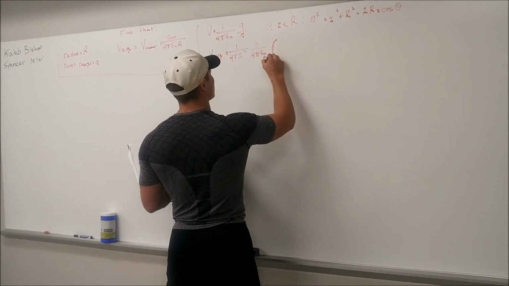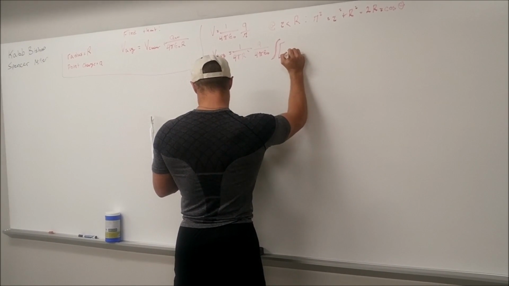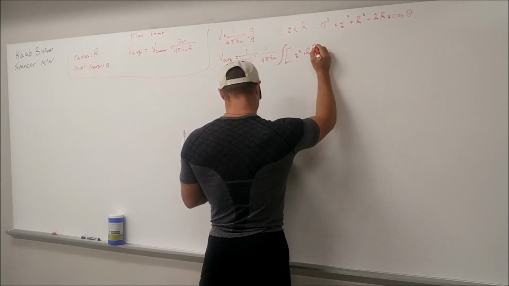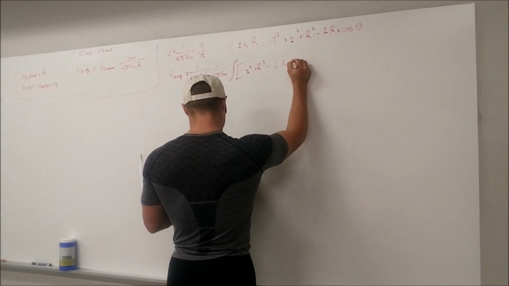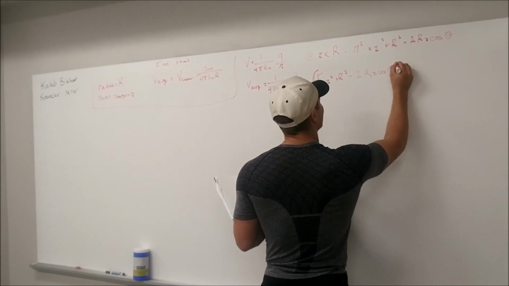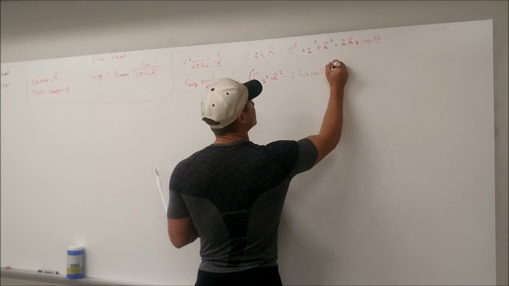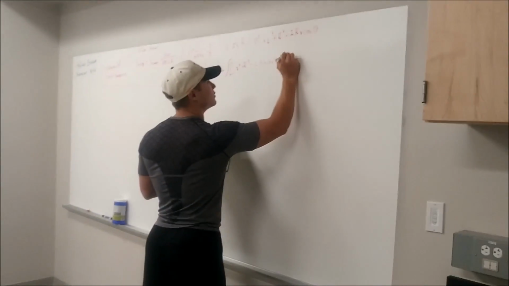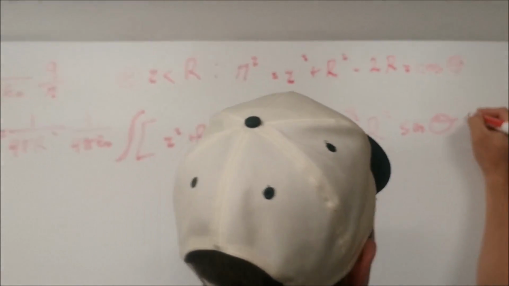So then it's times the integral of Z squared plus R squared minus 2RZ cosine theta to the negative 1/2, R squared sine theta d theta d phi.